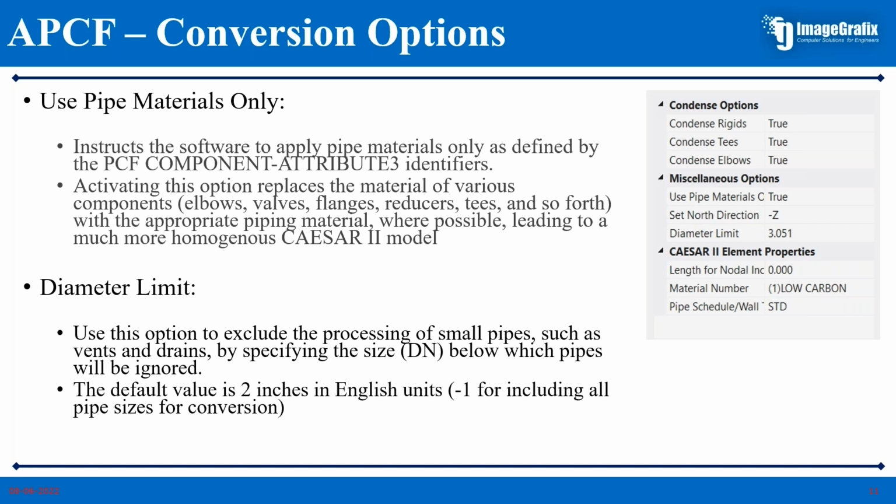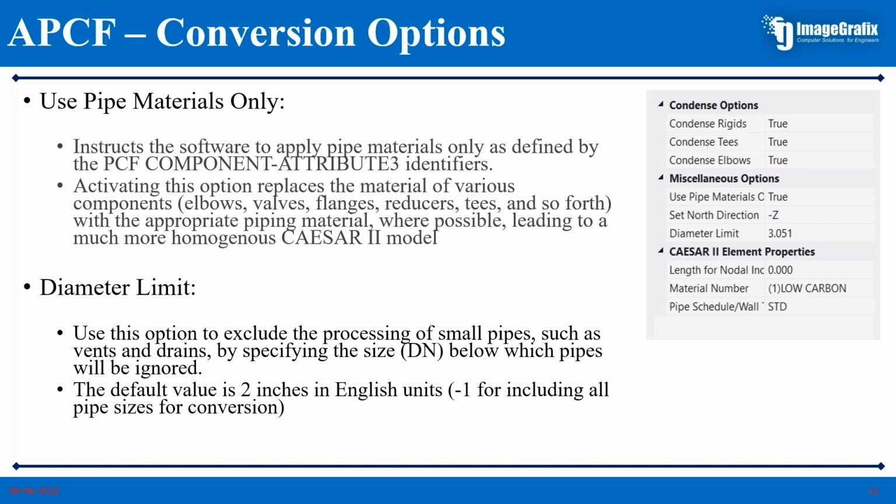And the default material number, I can keep it as low carbon or A106 Grade B or whatever it is. Now, why is this required? There are a few cases where the materials may not be linked, like your gasket materials, bolt materials, or your flange and valve materials.